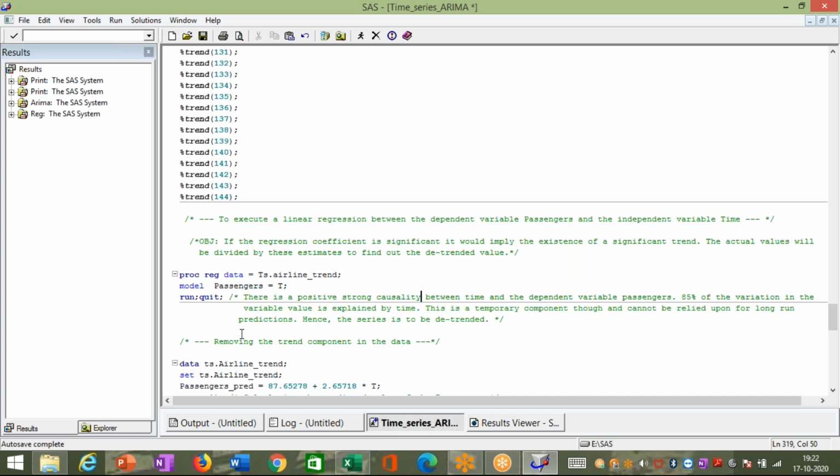The remaining 15% of the value is something which will be because of the fundamental behavior of the time series over a period of time. That's a more permanent behavior. So this trend behavior is largely driven by time.